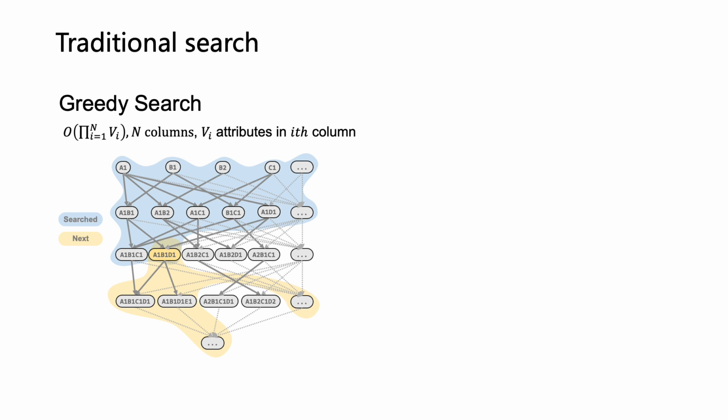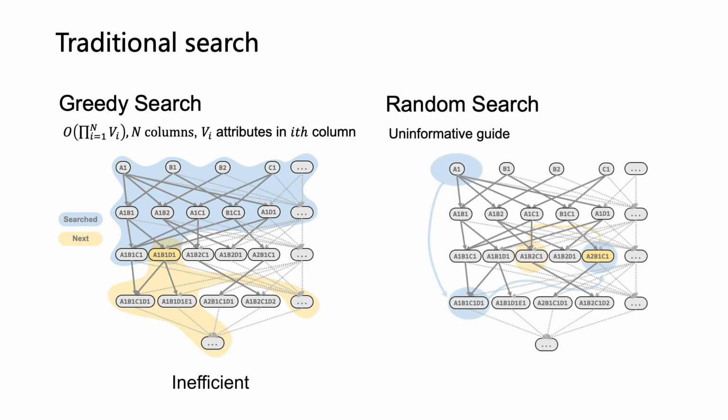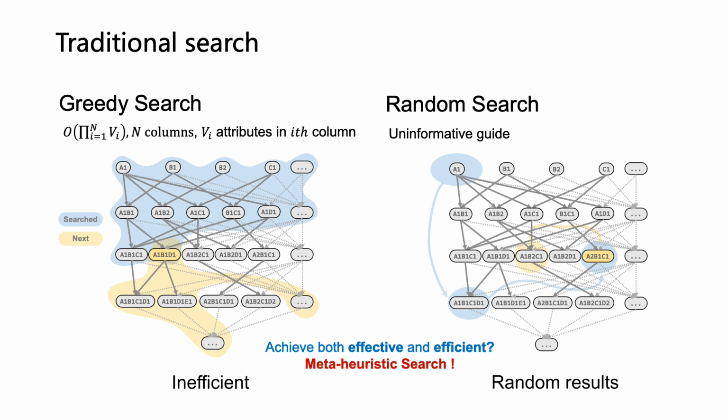So, the search space can be more than 10 to the 50th power. It is very time-consuming and hence inefficient. We can also choose random search, which can go anywhere in the search space. However, it is not effective with an uninformative guide. So, how can we search for results both effectively and efficiently? We resort to meta-heuristic search.